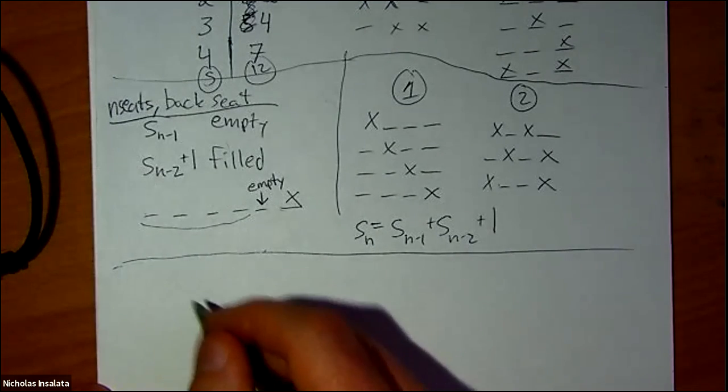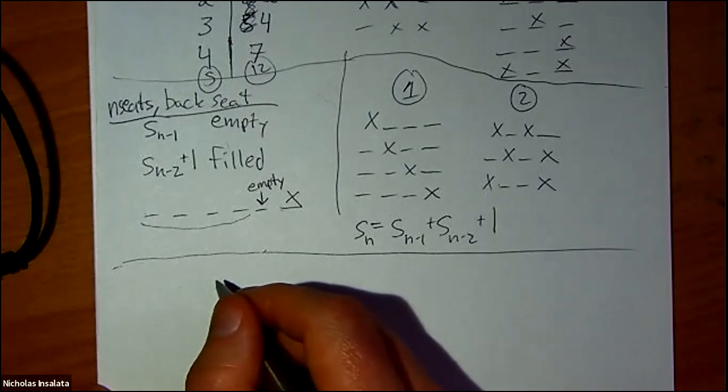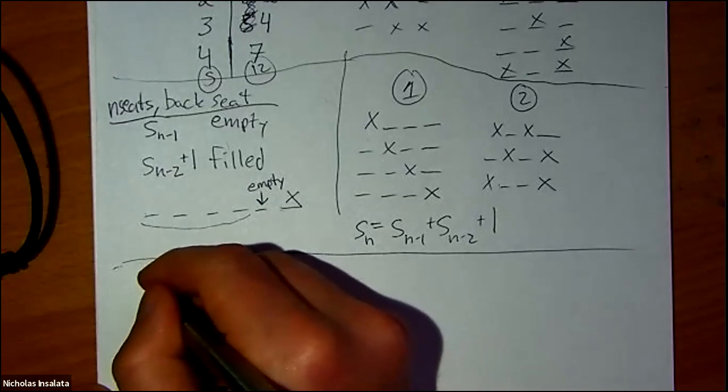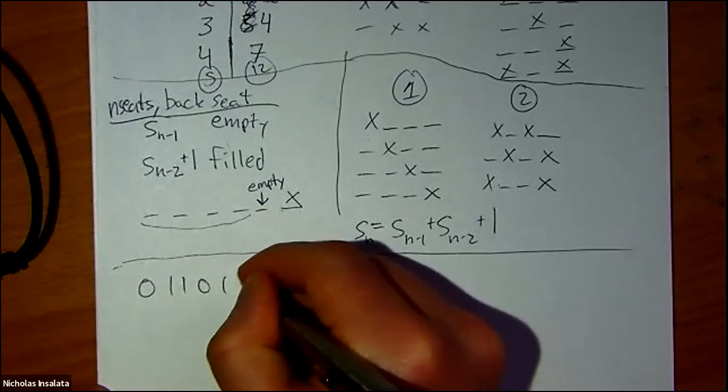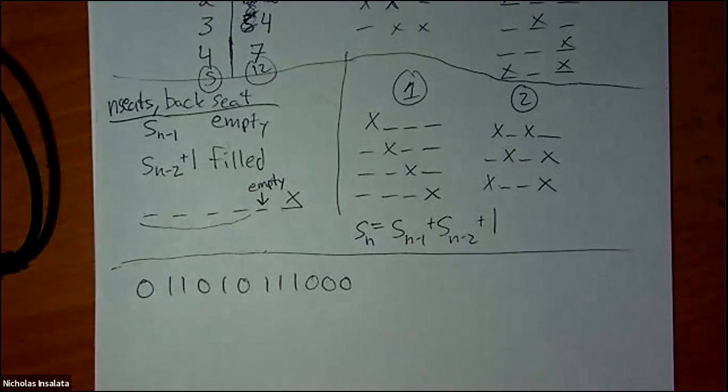So what's happening is you have this arrangement of cells that can either be on or off. And since the cells can be on or off, I'll just represent them in binary. So I'll say I have 0, 1, 1, 0, 1, 0, 1, 1, 1, 0, 0, 0. Okay. So there's an arrangement of cells that are on and off.